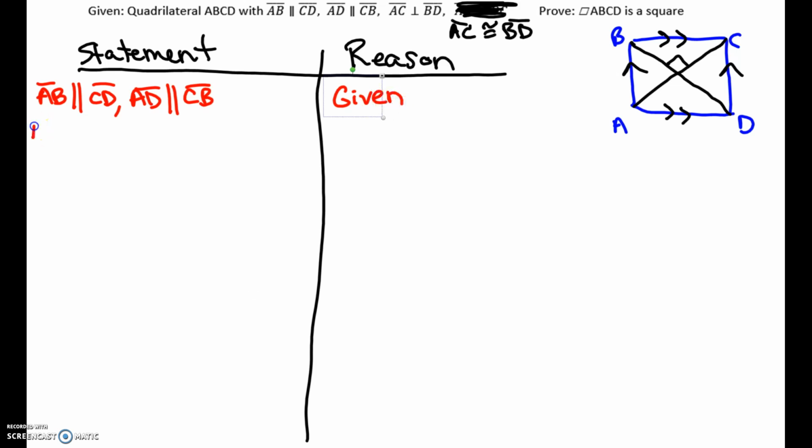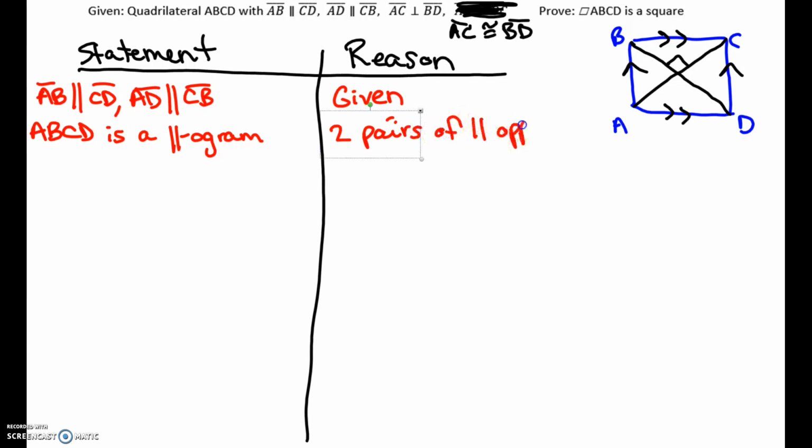And therefore I can say that ABCD is a parallelogram because I have two pairs of parallel opposite sides. Okay, we've proven we're a parallelogram.